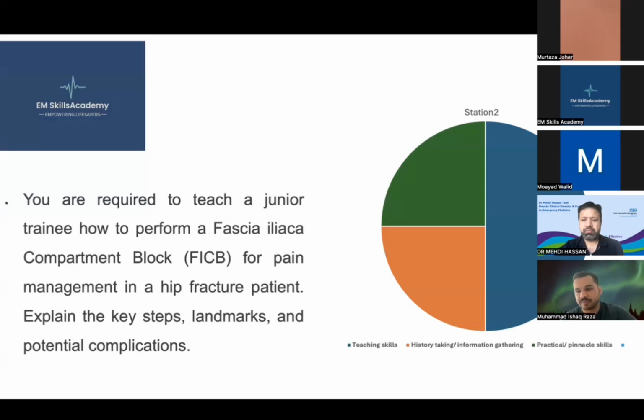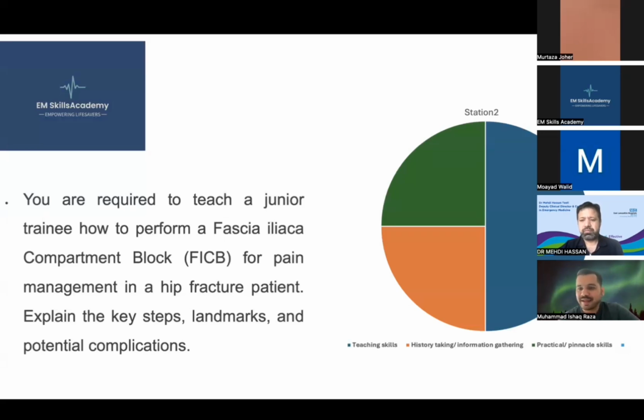It's either landmark based or ultrasound based, but we'll go through both of them. And most importantly, we should know the structures that we will be intervening on, because this is a nerve block, so we should know what nerves we are going to block and what kind of analgesia we're going to achieve. So these are a few simple goals for this teaching today. So let's go and do this.